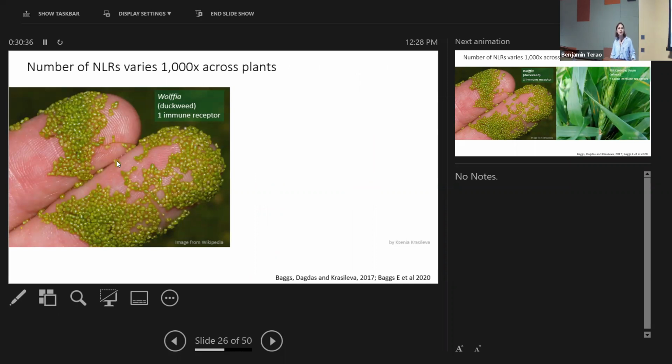And she found, looking at biodiversity and copy number variation of immune receptors across all sequenced plants that she could do at the time, several clades, including duckweed, that naturally lost most of these NLR immune receptors, right? I just told you this is our gold mine in the field. These are the disease-resistant genes. Yet there's an invasive species clonally propagating that is doing just fine without them. So how? That became Aaron's PhD topic.